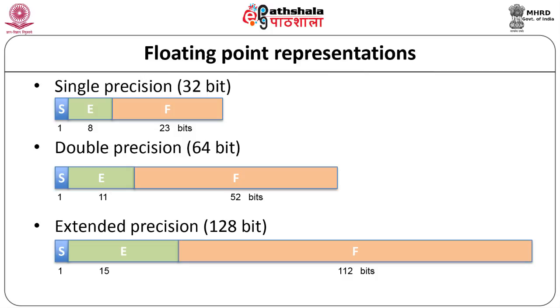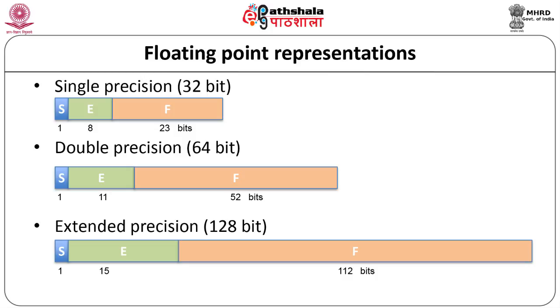The IEEE 754 standard defines several different precisions. Single precision numbers include an 8-bit exponent field and a 23-bit fraction for a total of 32 bits. Double precision numbers have an 11-bit exponent field and a 52-bit fraction for a total of 64 bits, whereas extended precision numbers have a 15-bit exponent field and a 112-bit fraction for a total of 128 bits.